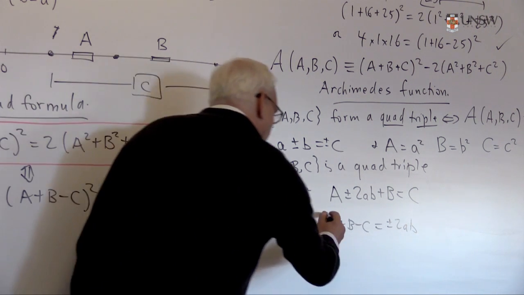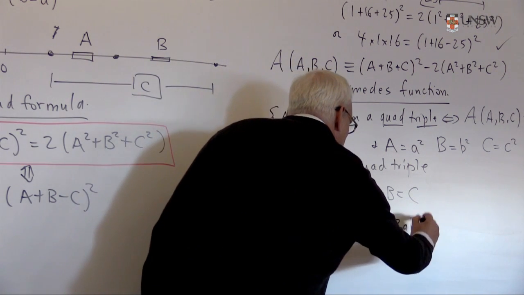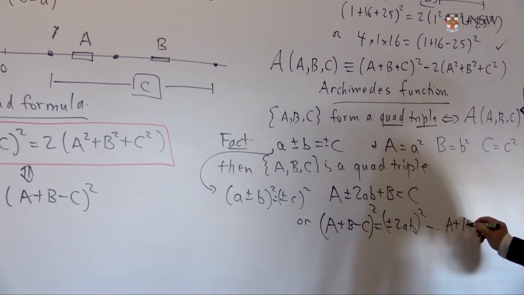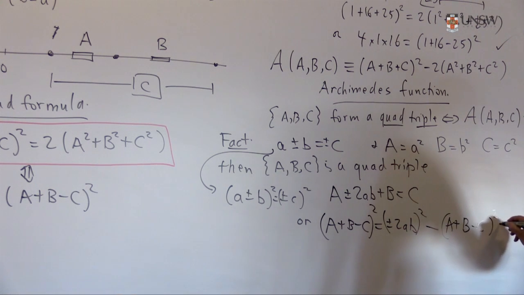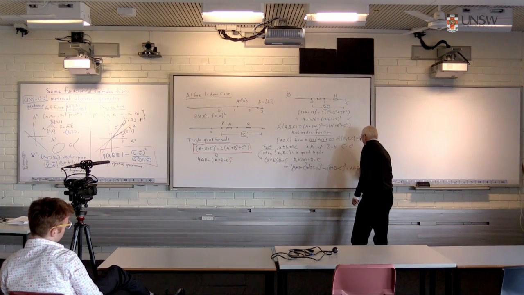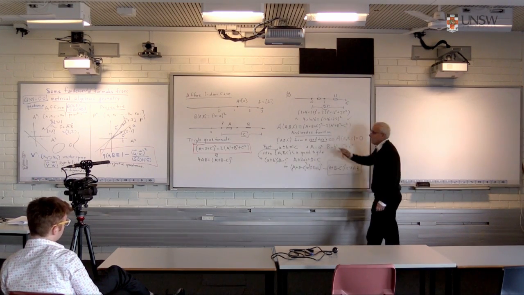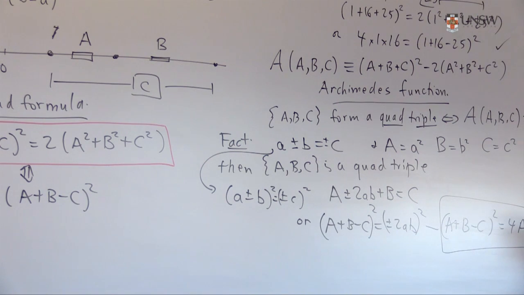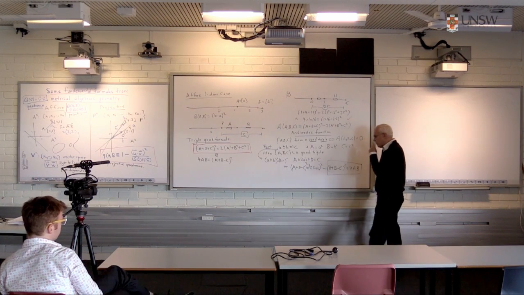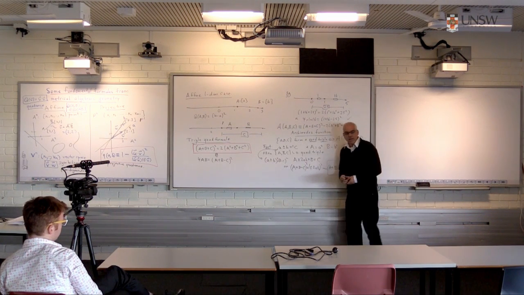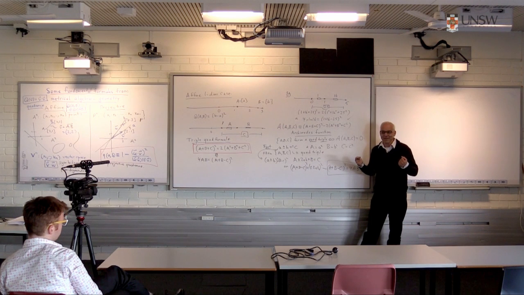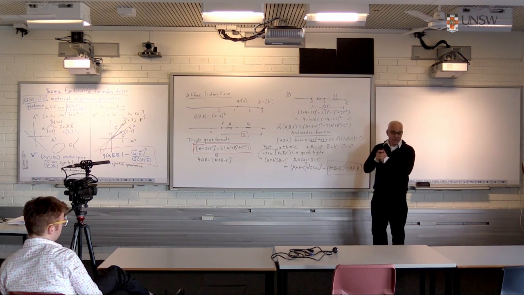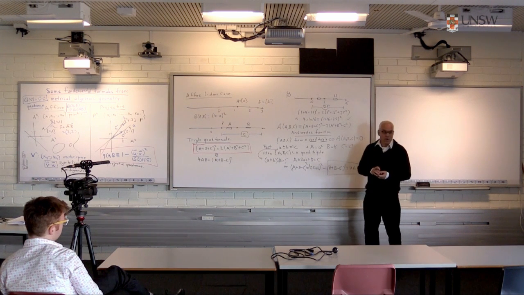And then if I square that once more, I get (A + B - C) squared equals 4AB. And that is, we've said, a version of the triple quad formula. So this is an important fact, that whenever you have a linear relationship between three things, then the squares of those three things satisfy the triple quad formula.